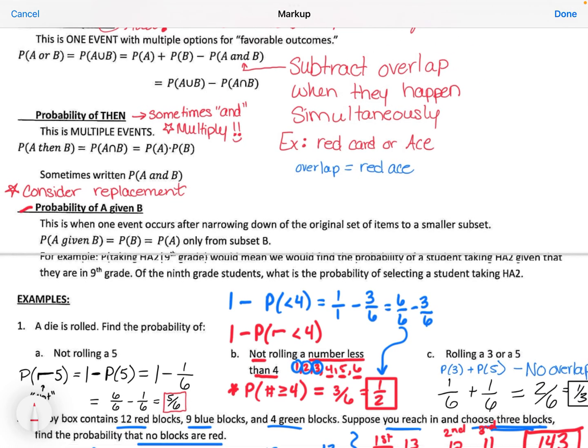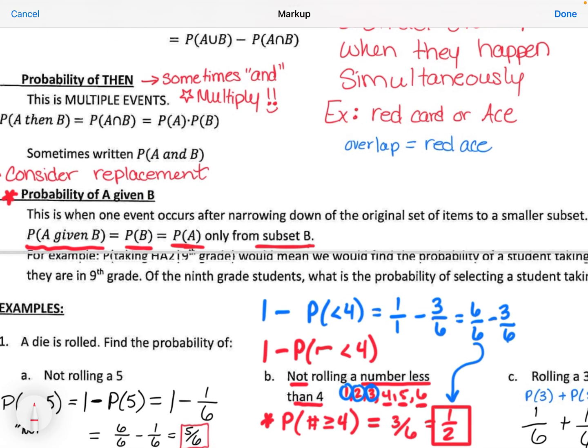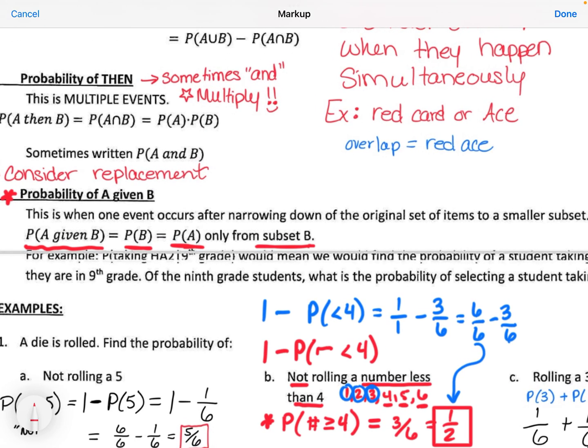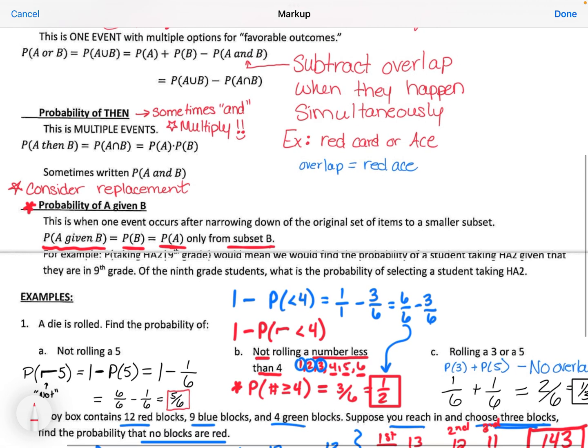Probability of A given B. This is when one event occurs after narrowing down of the original set of items to a smaller subset. Probability of A given B means we're looking at the probability of B and the probability of A only from subset B. For example, the probability of honors algebra 2, given you're in 9th grade, would mean that you would find the probability of a student taking honors algebra 2, given that they are in 9th grade.